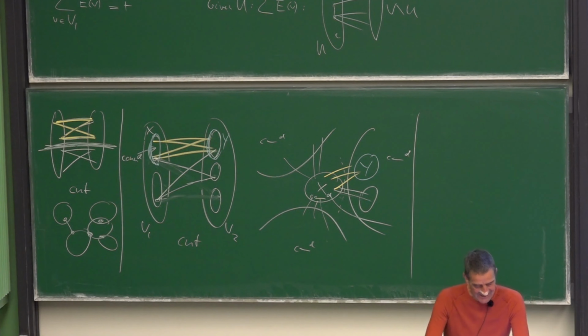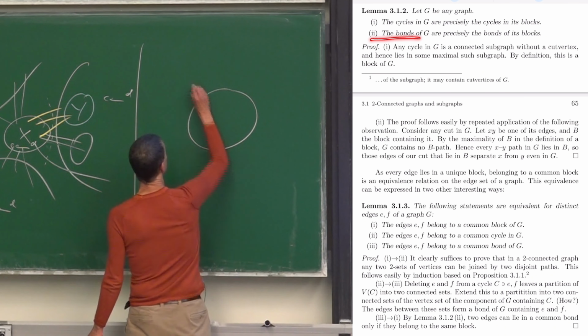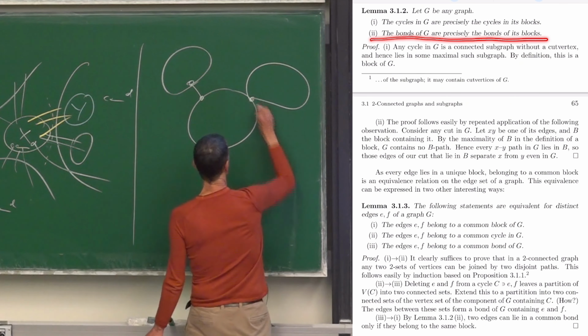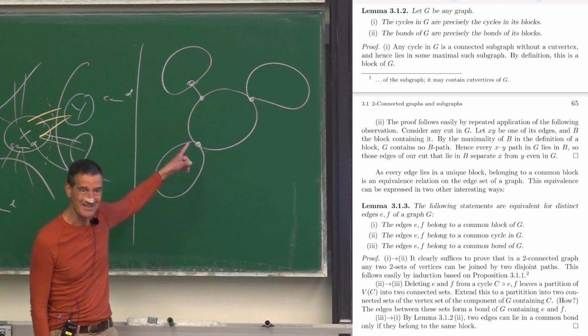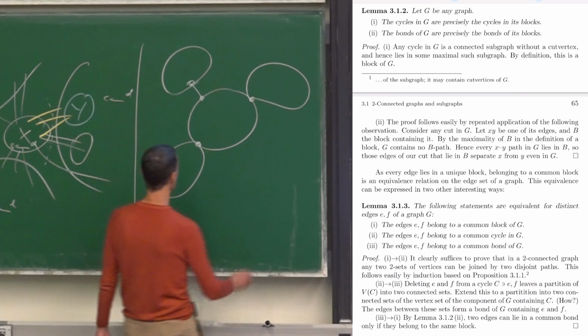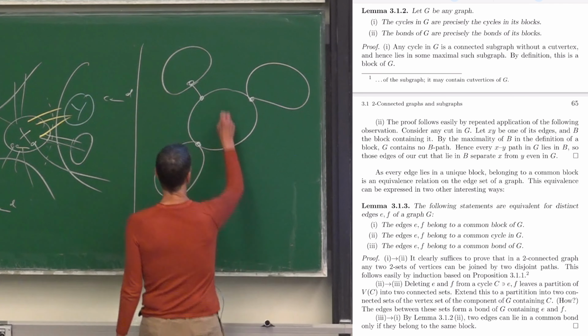Okay, is every bond contained in a block? Let's look at the picture, and try not to use the picture, just to guide us, but let's try and make a formal proof.